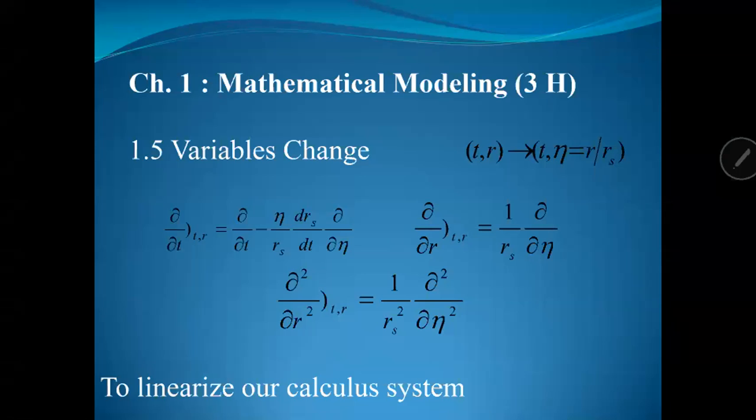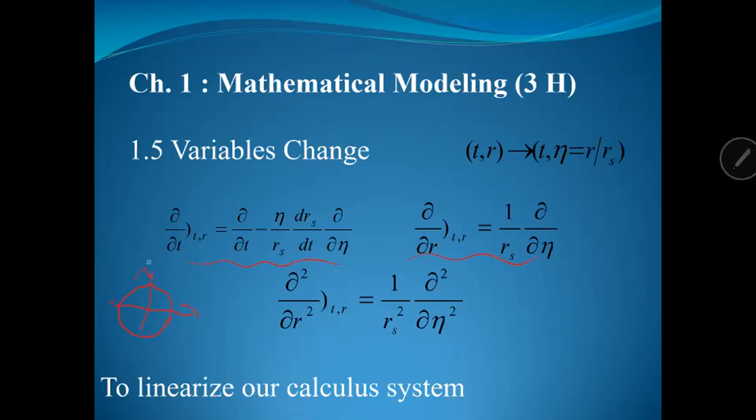The Cartesian coordinate, it is the easiest one. Then we need to pass from the cylindrical and spherical coordinate to Cartesian coordinate. And sometimes we need to linearize our equation to linear, as in this example here, because I have a spherical form.